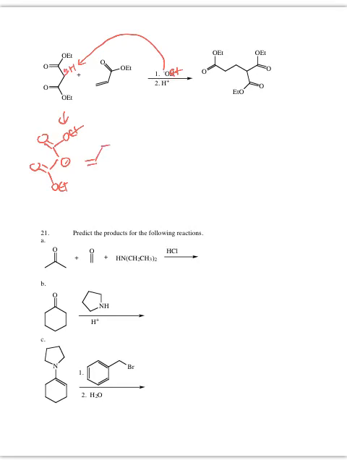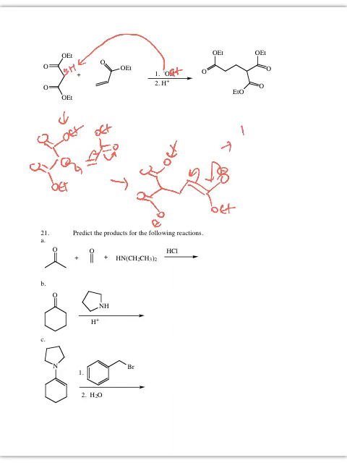And then that, as we learned earlier, can do a 1,4 addition into the carbonyl to get to the enolate, and then the enolate we can send the electrons back down to get to the negative on the carbon.